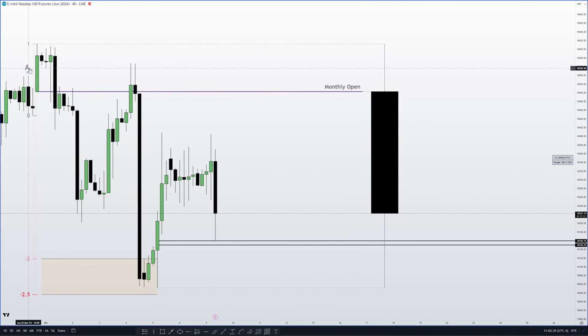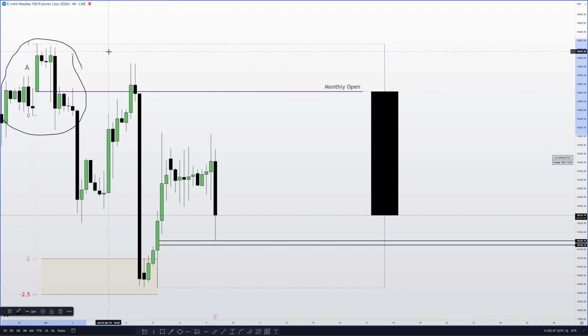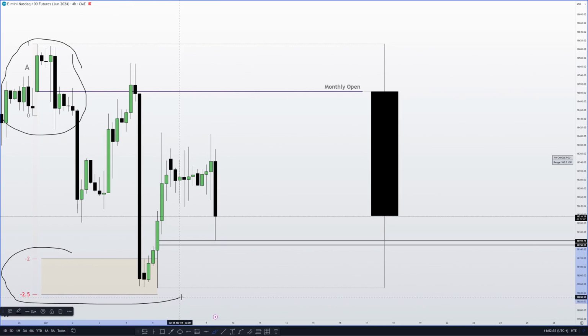So if this range here is the accumulation, this move to the 2 and 2.5 here is probably the manipulation.